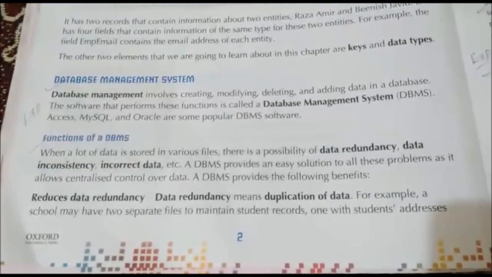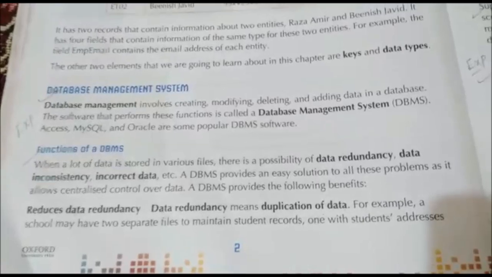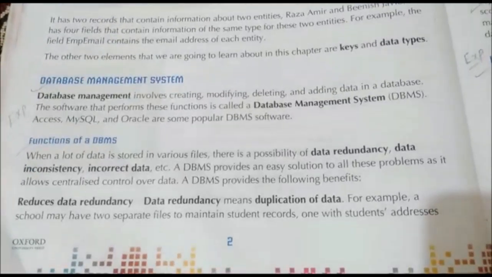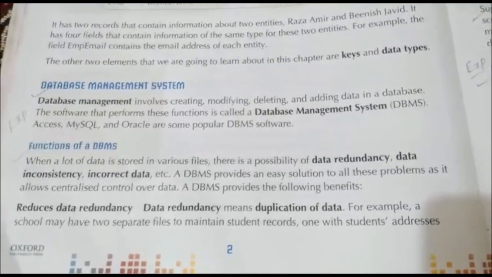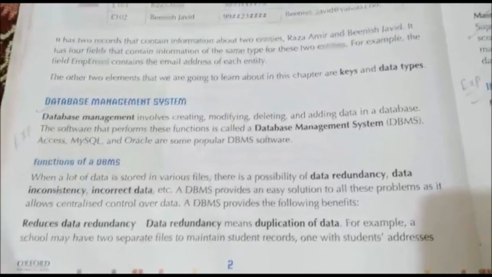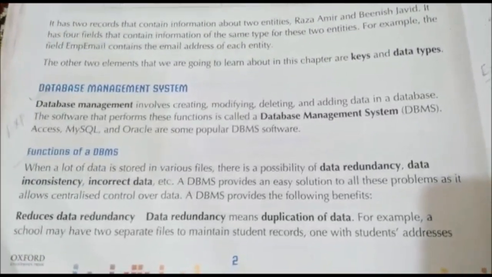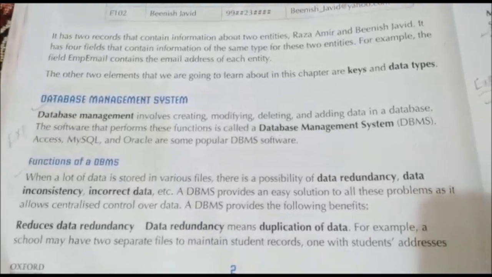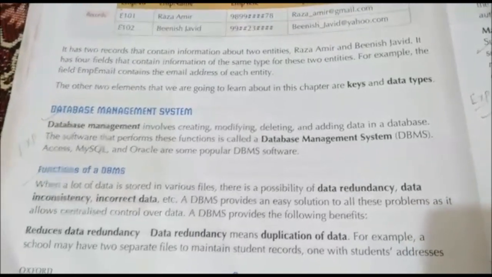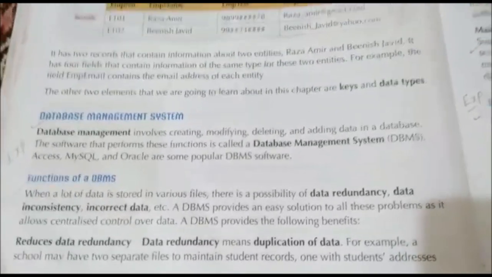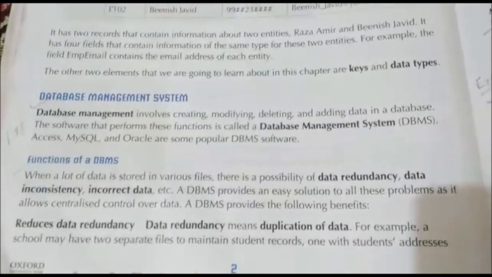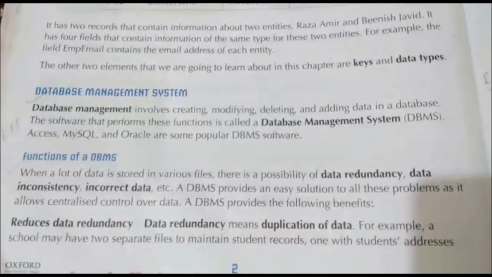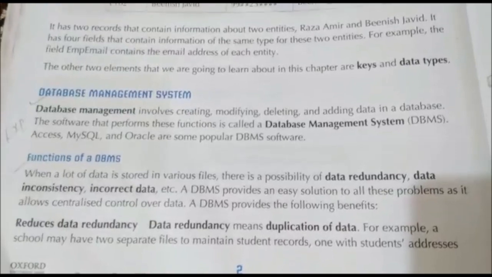Now, what is a database management system? Database management involves creating, modifying, deleting, and adding data in a database. For arranging your data and for making a database, you need different types of systems and softwares that can help you to create a database. But what kind of softwares?